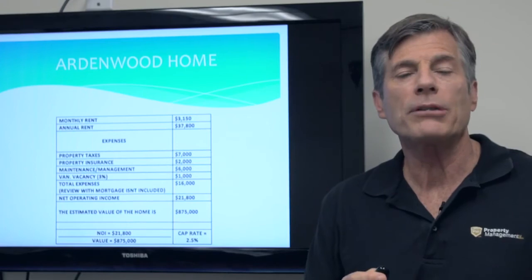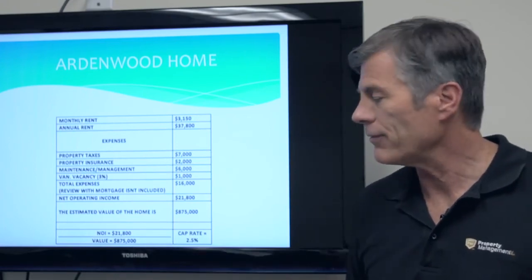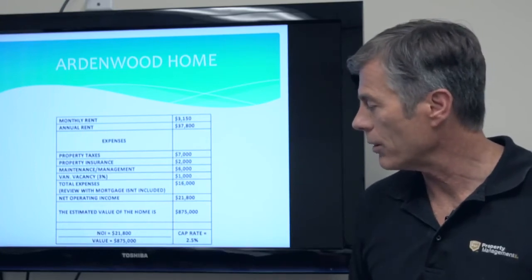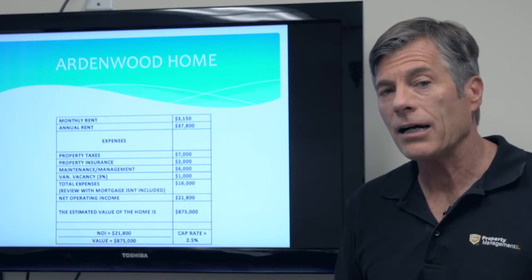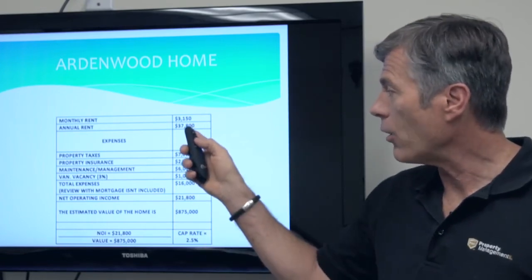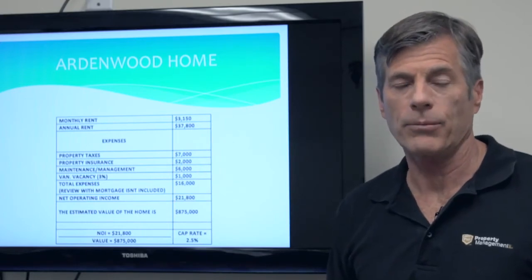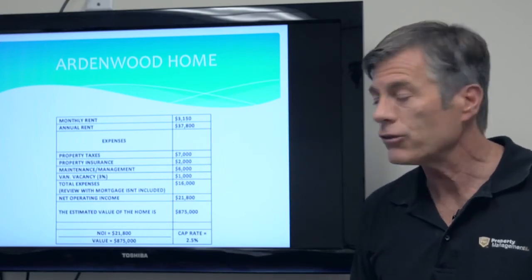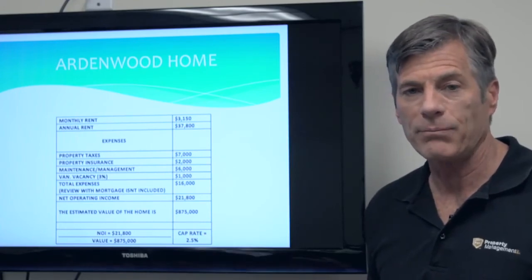But let's say he went up to Sacramento and bought 2 duplexes for $875,000, what he sold the home for. Well, those 2 duplexes are going to produce more income up there than he's getting now at $37,800. Let's say he got double the income from those 2 duplexes. So guess what? His cap rate now goes to 5% instead of 2.5%.